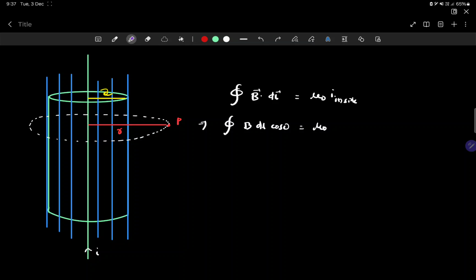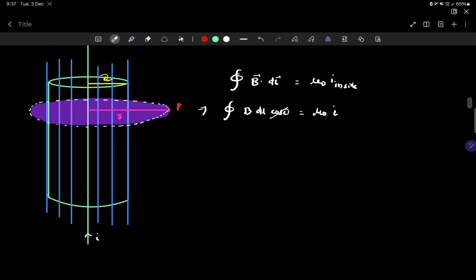You have to check. Inside this Amperian loop, the total current I is flowing, so we can write I. Then cos 0 value is 1. Take B as constant outside.